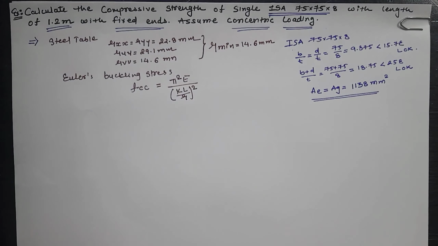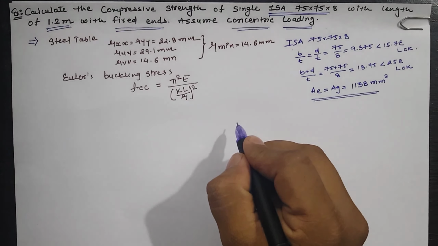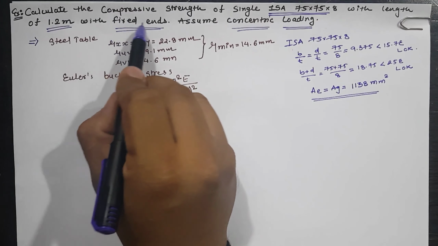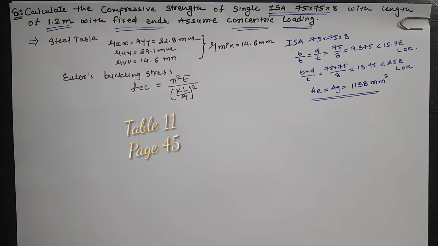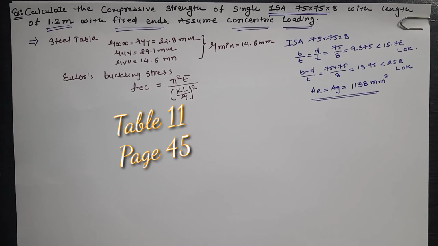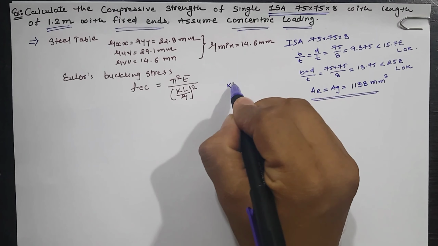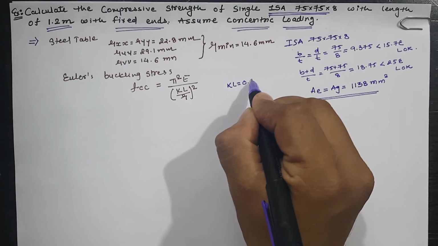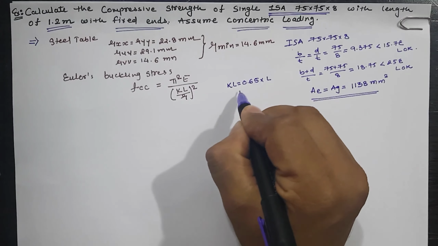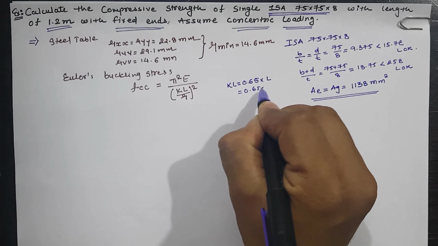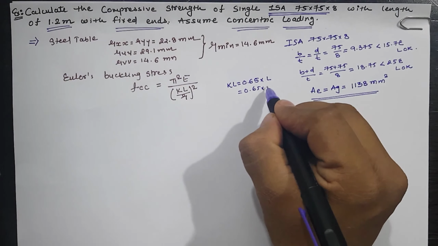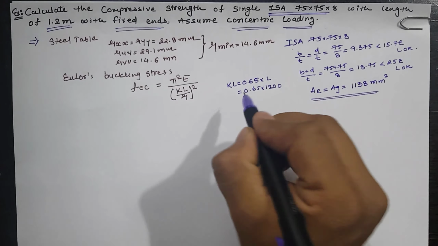Now for KL, it means the effective length, we have the fixed end condition. So from table number 11, page number 45, KL is equal to 0.65 into L. Now 0.65 into length, which is given as 1.2 meter. In terms of mm, it is 1200 mm.